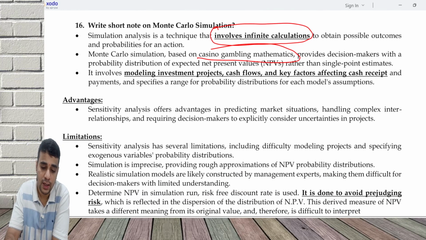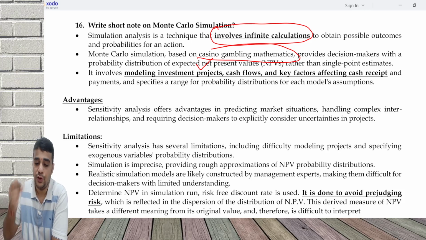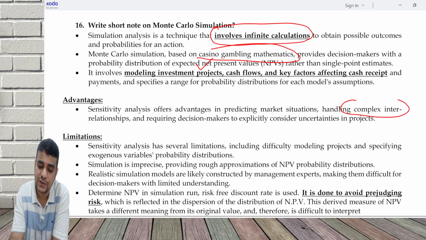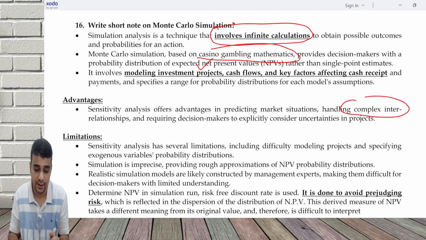It involves modeling the investment project, that is cash flows and key factors, using a probability distribution. The best part of Monte Carlo simulation is that it can handle complex projects and complex interrelationships.